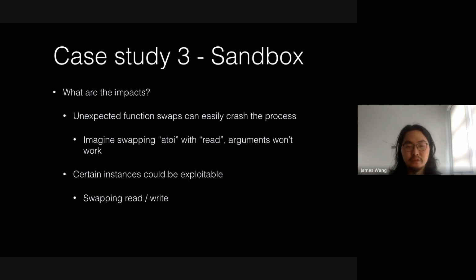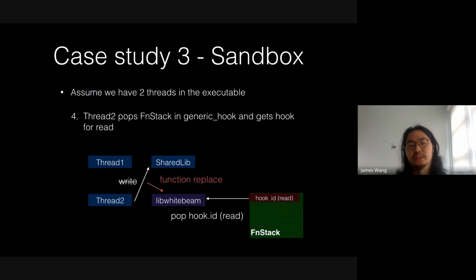If we're expected to write from a buffer, but we read to it instead, then if any following code trusts the data in the buffer, it might become exploitable. So this is what is happening here: the function swapping due to the race condition makes the sandbox unsafe and makes the original program nonfunctional.